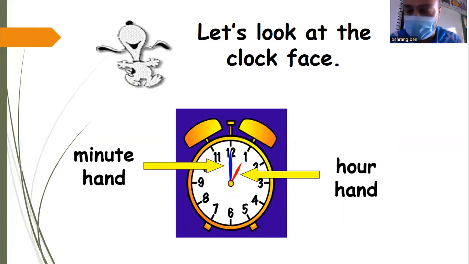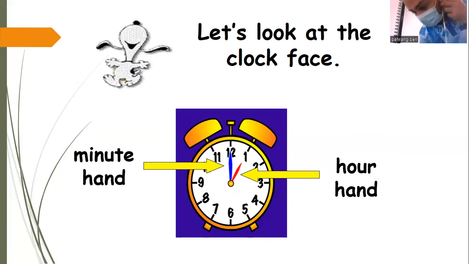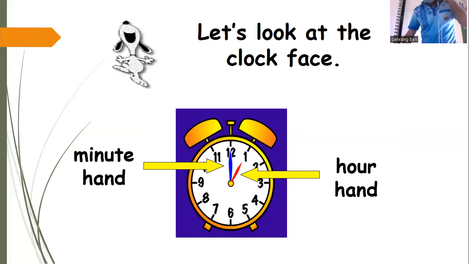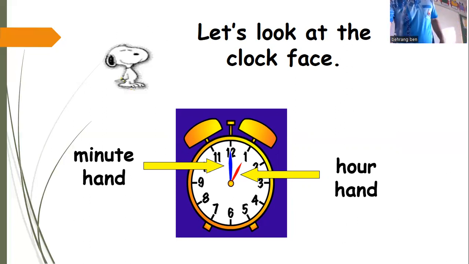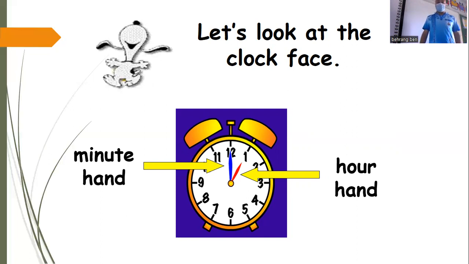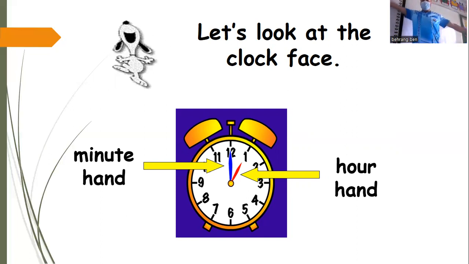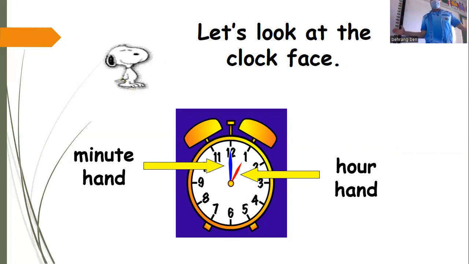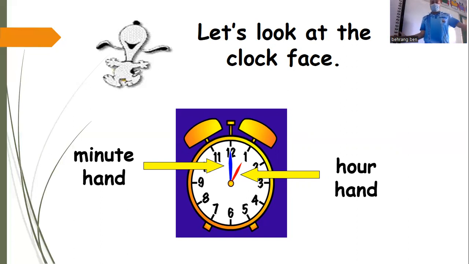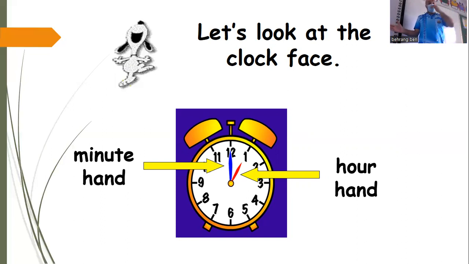All right, let me give you an example. For example, I am a clock. Look at me. I'm a clock. A clock has two hands. One is the short hand. Another one is the longer hand, the long hand.